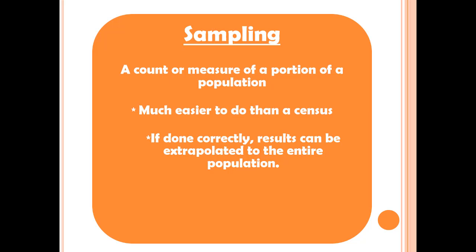You need to have representation from every portion of the population for you to be able to have a representative sample, because we want to be able to extrapolate those answers that we get from the sample to the population as a whole. But if the sample doesn't represent the population as a whole, then we can't make those kinds of jumps. And there's lots of different sampling techniques that we'll encounter, and we'll detail a few of them here.